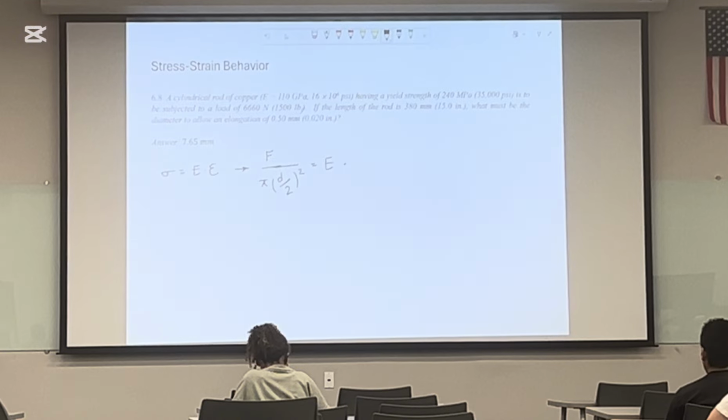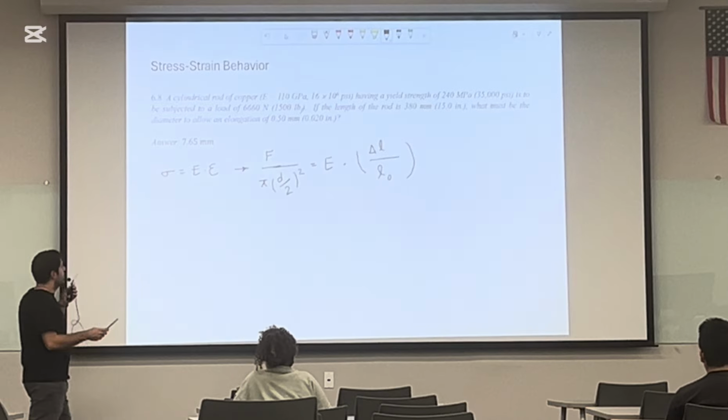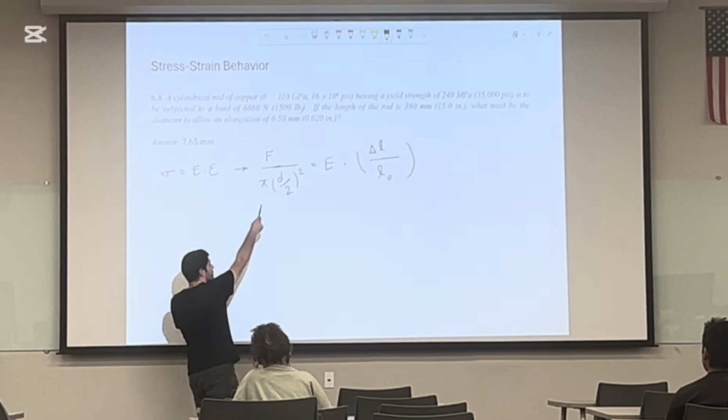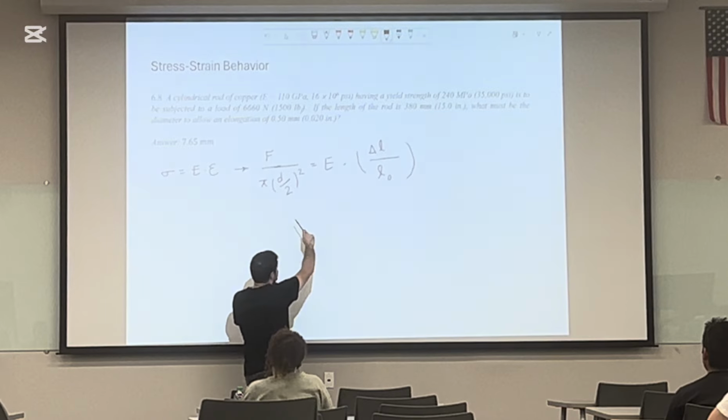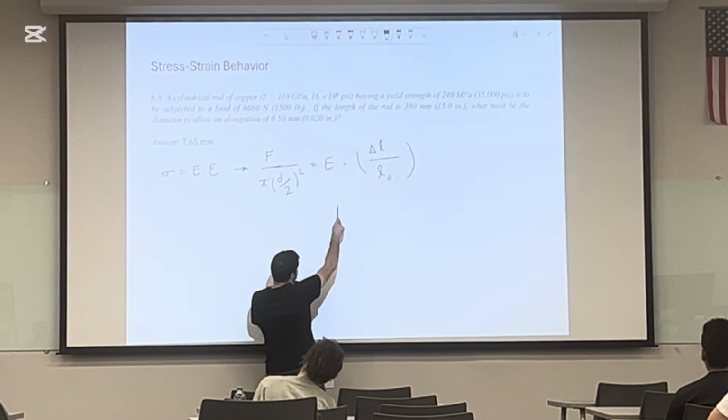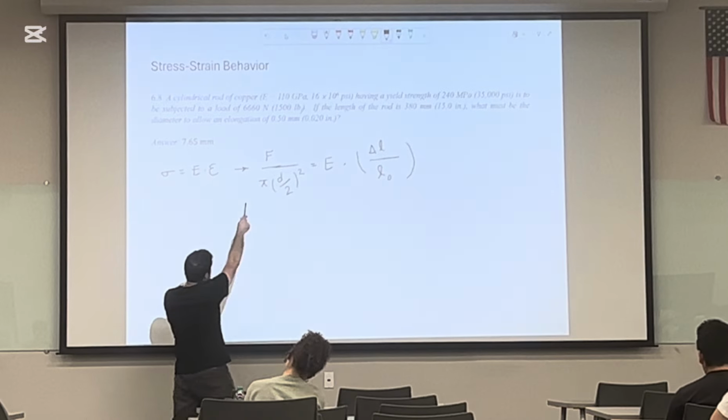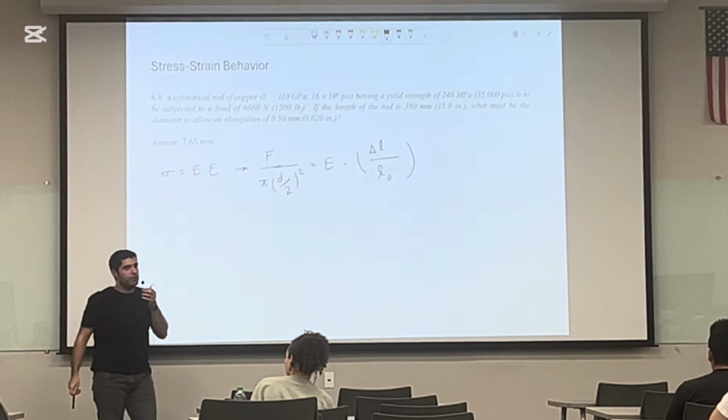So we know this strain is equal to elongation delta L over L naught, the initial length, right? So it's more simple than that. We are asked to find the diameter that satisfies this equation if our delta L is equal to 0.5 millimeter.